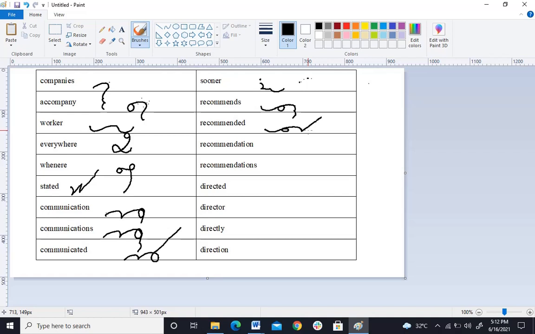So, lagyan na lang ng D para recommended. Okay, next, recommendation. So, we have recommend again. Recommend, and then shown. Ulit. Shown. And then, recommendations. Yung ating shown ay nawawala. We have recommendations.